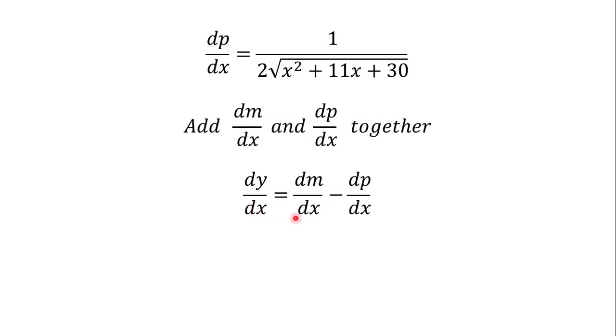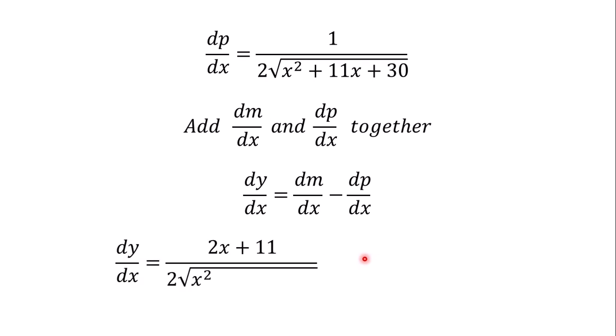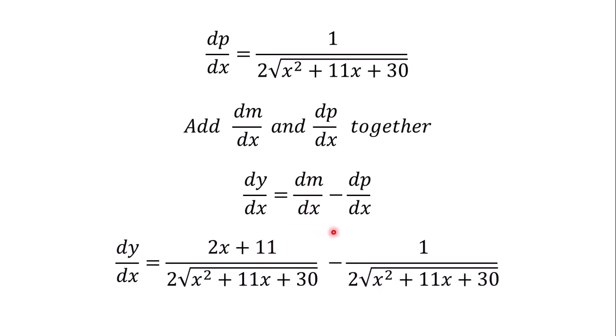So dy over dx is equal to dm over dx minus dp over dx. Now let's continue. So dy over dx is equal to this one, which is what we had for this, and this one is what we had for this one.